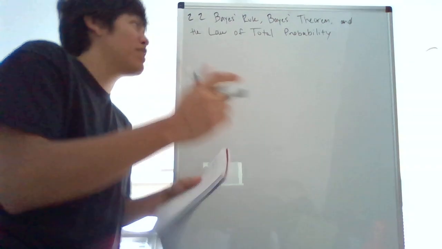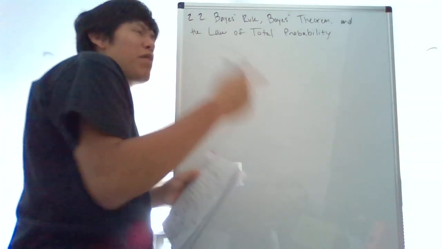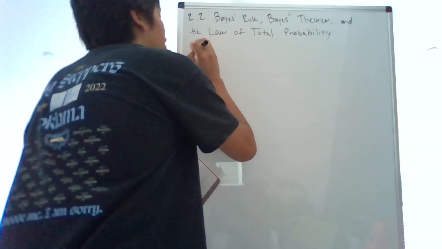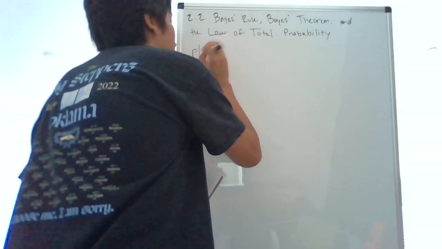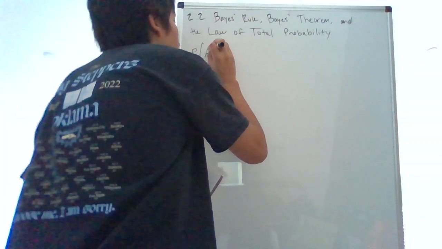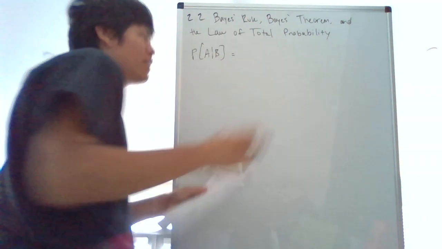So what I mean is, instead of the probability of B given A, now we're asked to find the probability of A given B. And that looks like this.